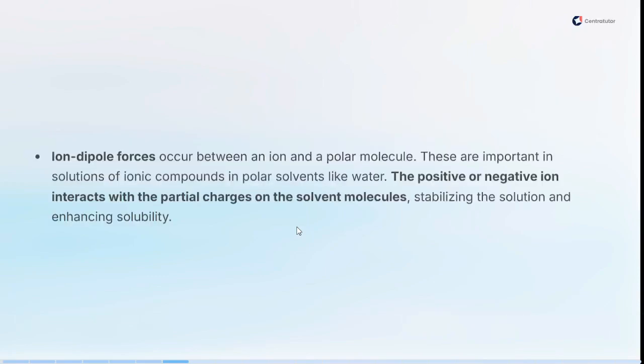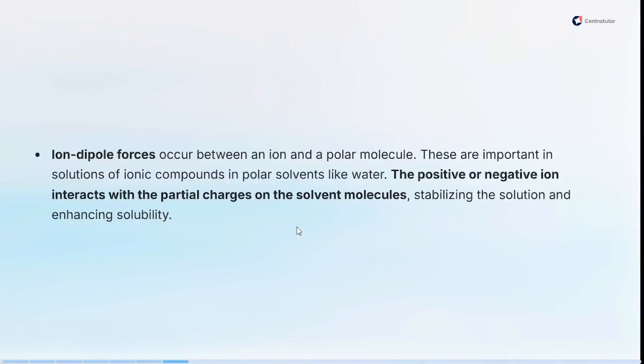The next is ion-dipole forces. These occur between an ion and a polar molecule. The other ones happen between two molecules. London dispersion force was between two molecules where one or both have a fluctuation in electron density.